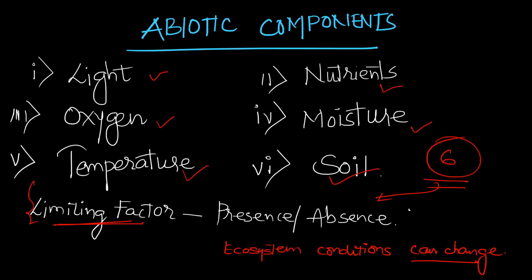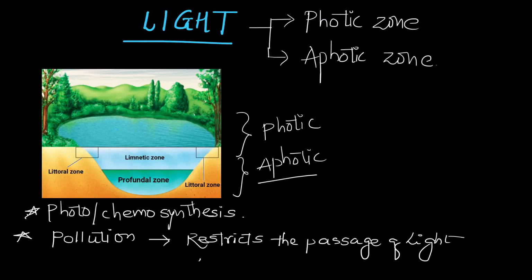Okay, so moving on. First we'll see the light. There are two very important terms, which are photic and aphotic. If we have seen some water body, for example, this is the base and this is water.